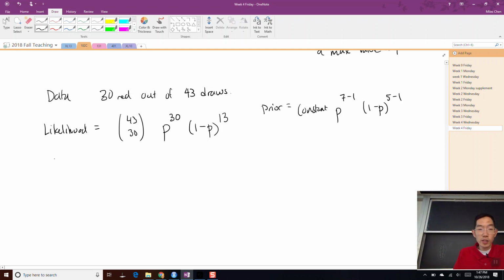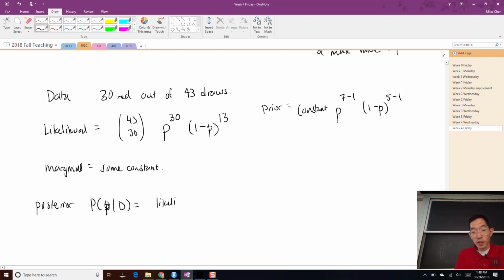Okay, and then the marginal is just going to be some crazy constant. Okay, so the posterior probability of theta given our data, or P given our data, is going to be the likelihood times the prior divided by the marginal.